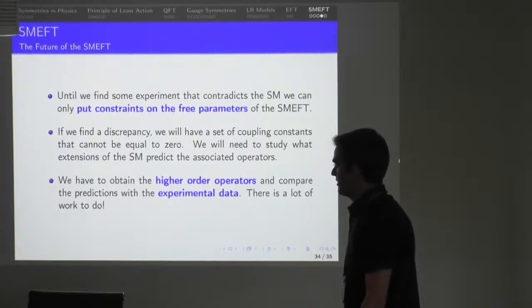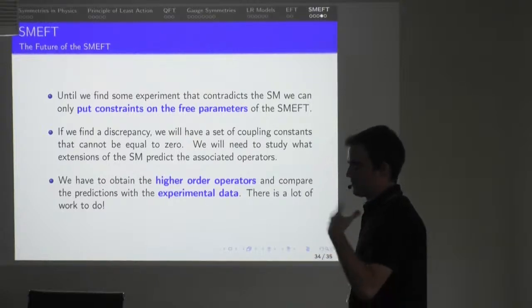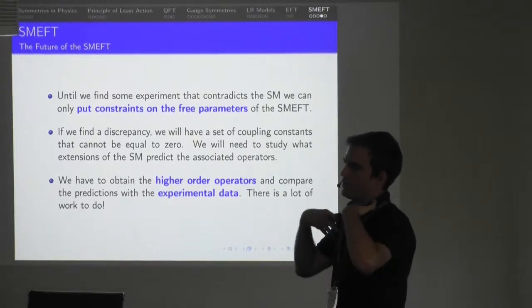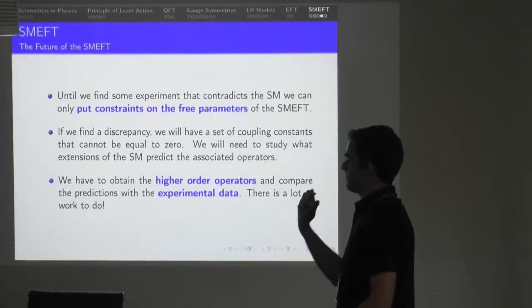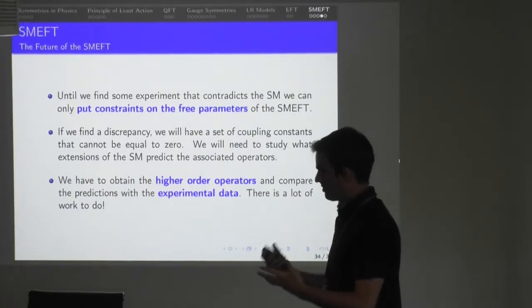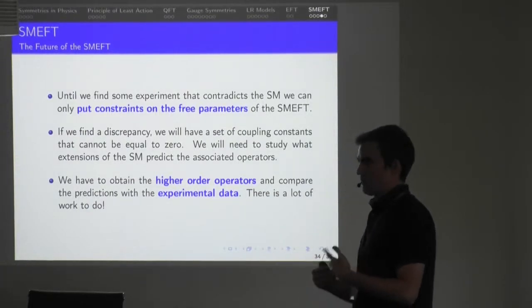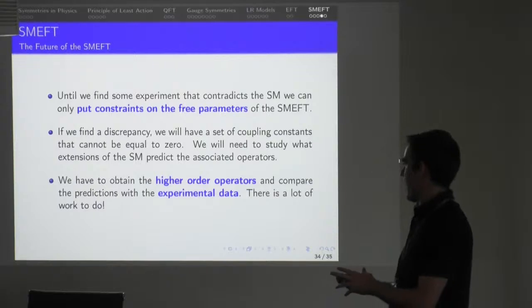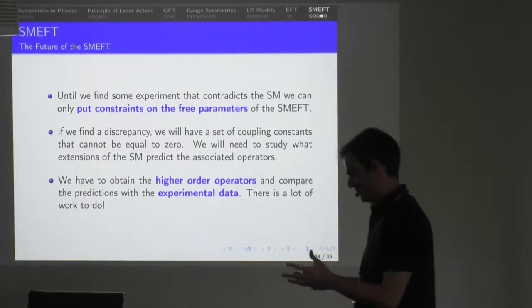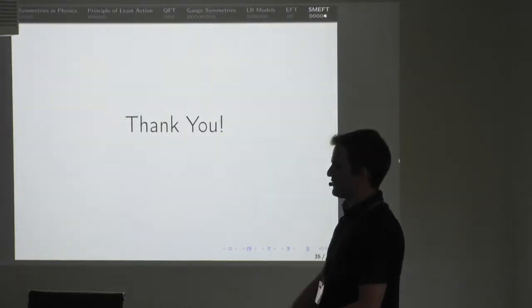But currently, we have to obtain higher order operators in order to have more precision and compare the predictions that we make with these operators with the experimental data. So, for me and for you, there's a lot of work to do. And that's all. Thank you for your attention.